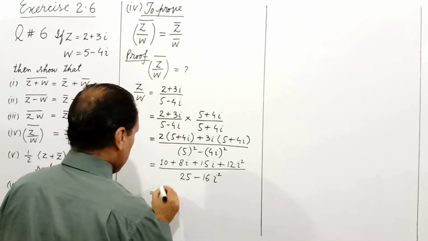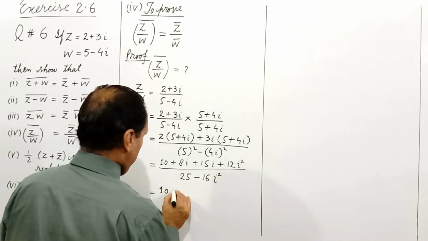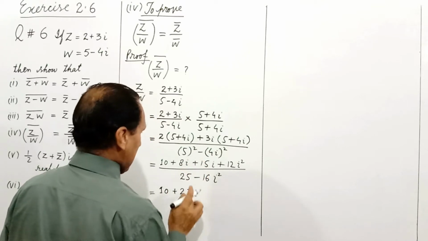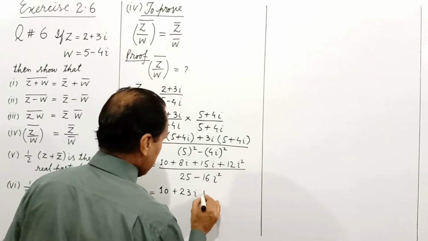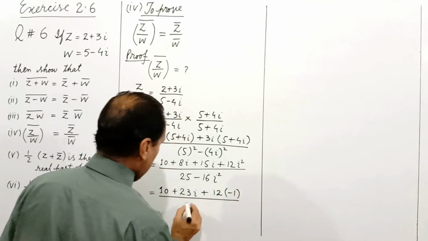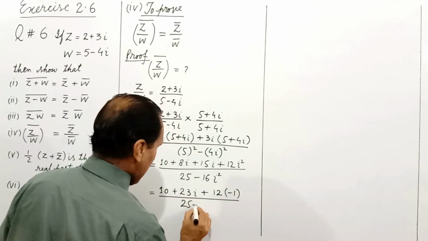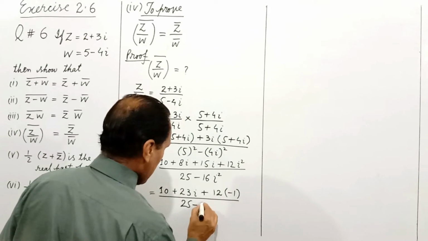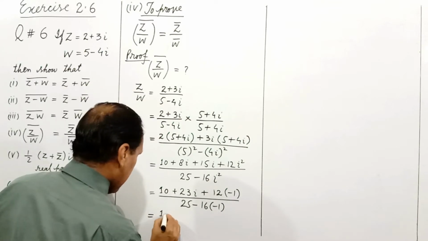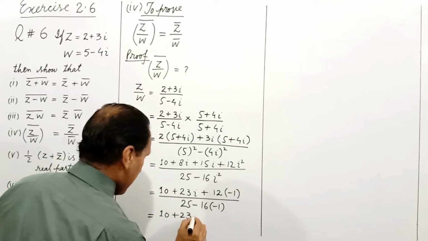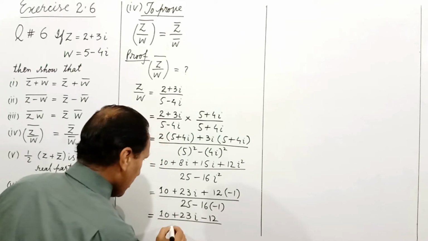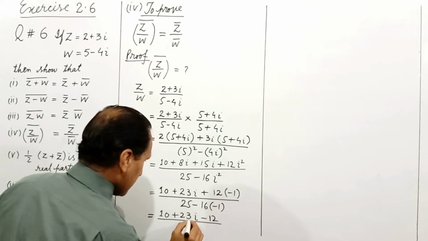We have in the denominator 10 plus 8 plus 15, 23 iota. As these are like terms, their coefficients are added. 12, we put the value of iota square, that is minus 1, whole divided by 25 minus 16 iota square, means 16 into minus 1, we put the value of iota square. 10 plus 23 iota minus 12 divided by 25 plus 16.